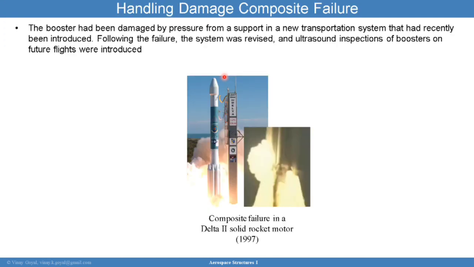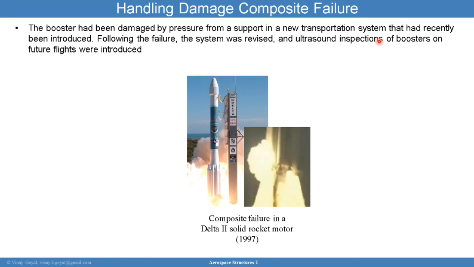There's this handling damage, and I got this from the open literature. There's a composite failure in a Delta II side rocket motor, and so far, it has been attributed in the open literature to potential damage from the supports in a new transportation system that was used at the time.